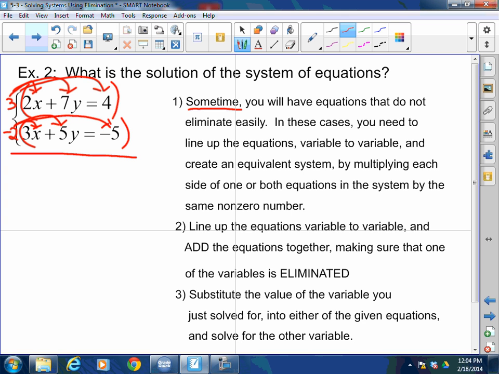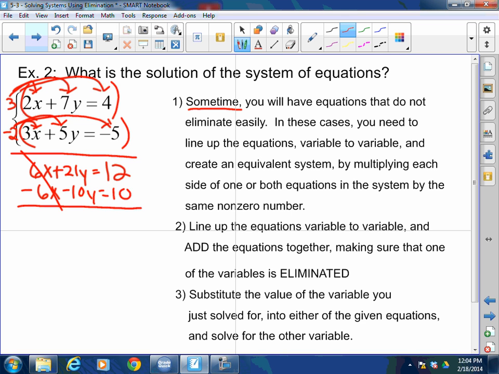So this will now become 6x plus 21y equals 8 minus 6x minus 8. It's not 8, it's 12. Thank you. Minus 10y equals 10.